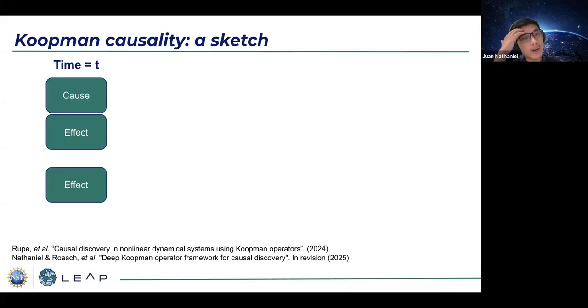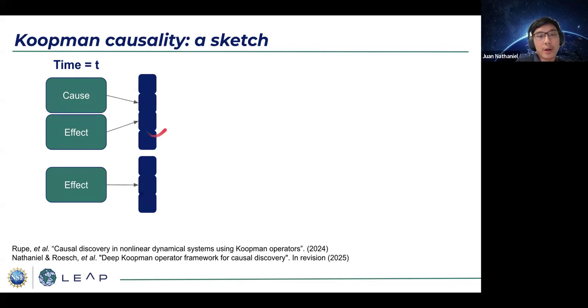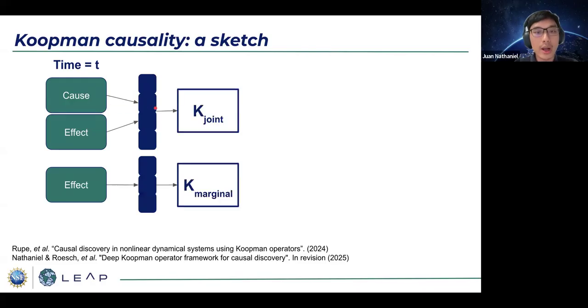So we are extending this to Koopman causality. The general idea is that you have these two models at a given time t, and then you have some latent embedding of these two models, and then you train these Koopman operators, which in our case is actually simple.